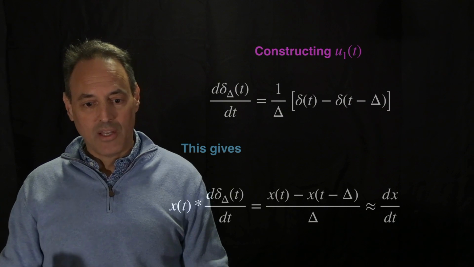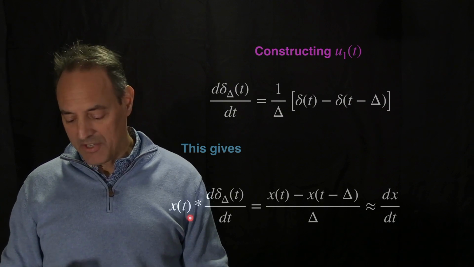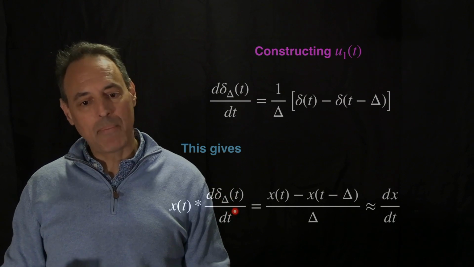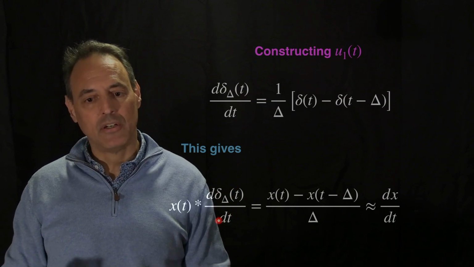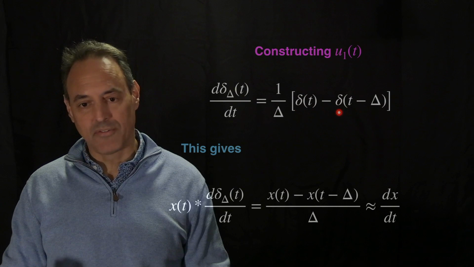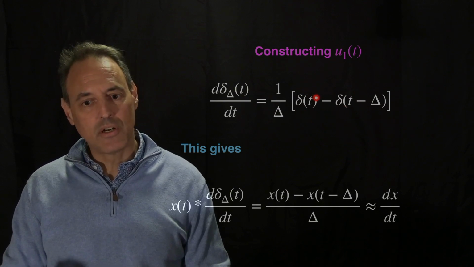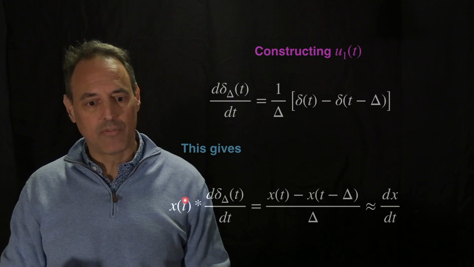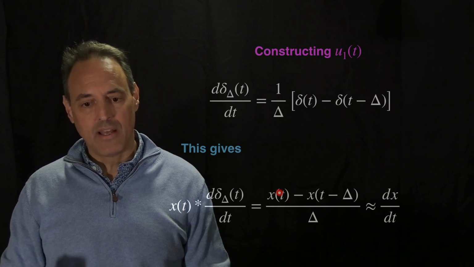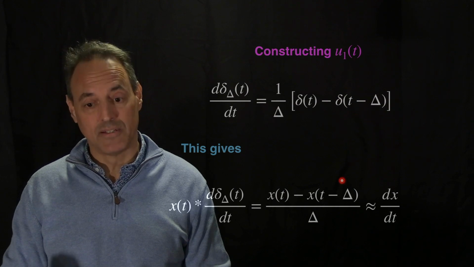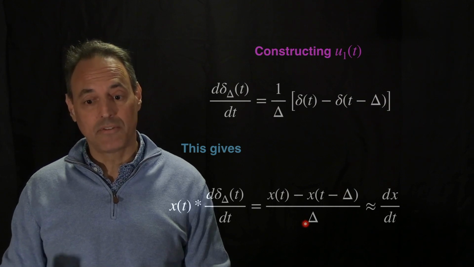When you do that, you multiply this by x(t), and notice what happens. This function, composed of two delta functions that you squeeze together, has one that pulls out the value of x(t), sifting that value, and another that sifts the value at t minus delta, all divided by delta.